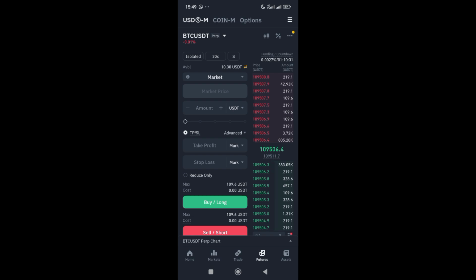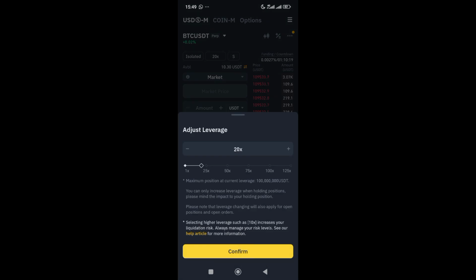Now let's talk about the leverage, this 20x over here. The higher the leverage, the closer the liquidation price, and the higher the chance of you losing money on that trade.